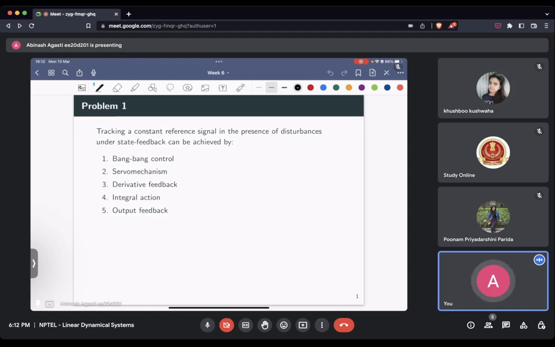So let us take a look at how we can get around the disturbances that are present by adding some more feedback mechanisms.